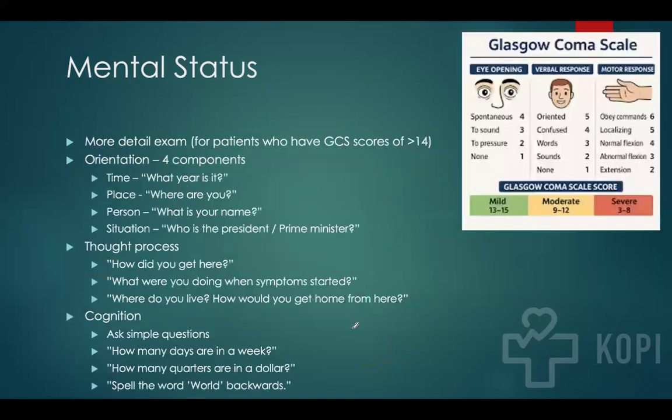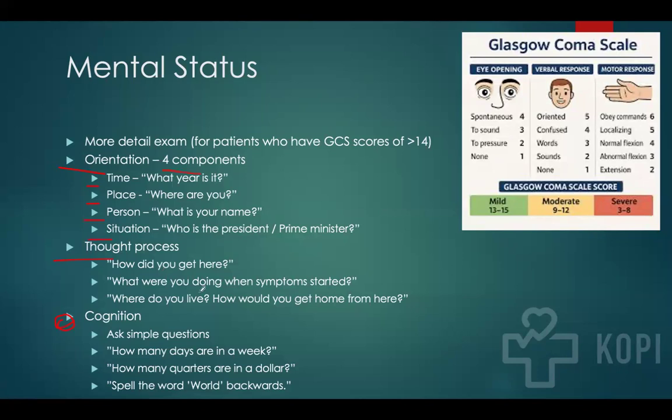When we're talking more about the detailed components of a mental status exam, we talk a little bit more about orientation and thought process. Cognition is something that can be difficult to test, but is something that is part of the mental status exam. Usually, the 4 components of orientation for our exam in the emergency department is just asking orientation to time, place, person, and situation.